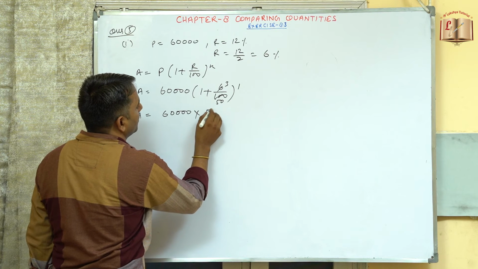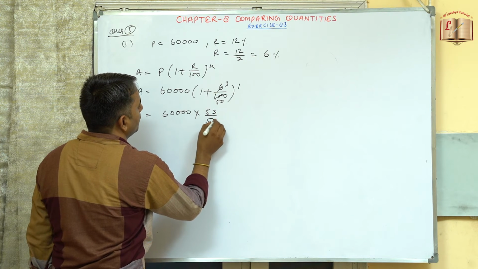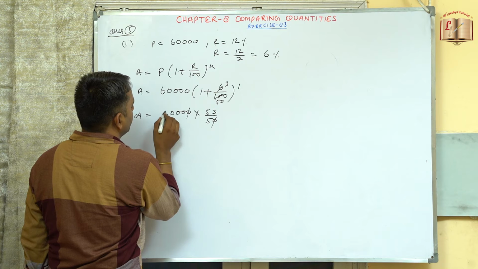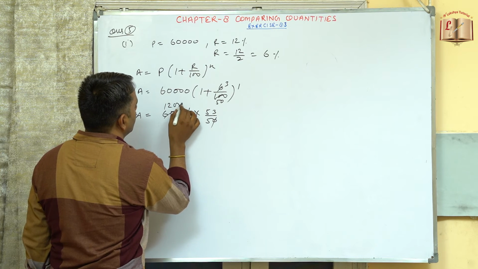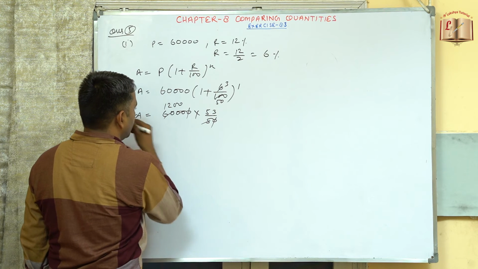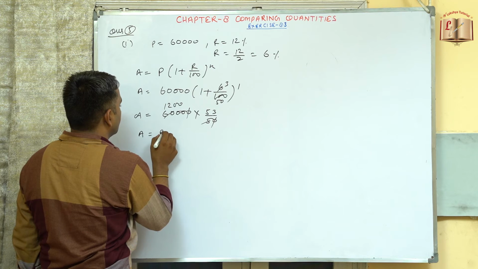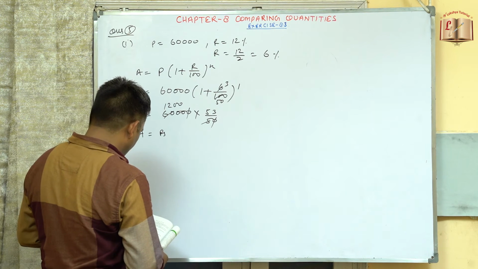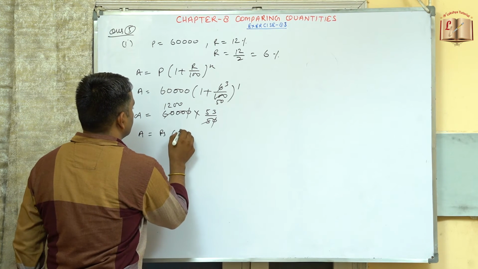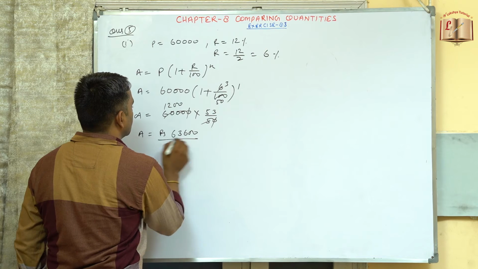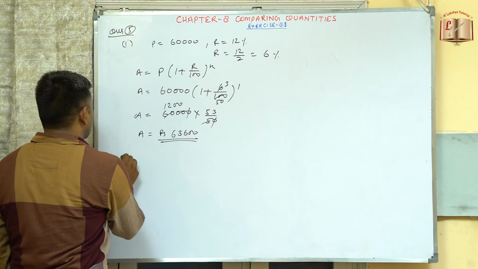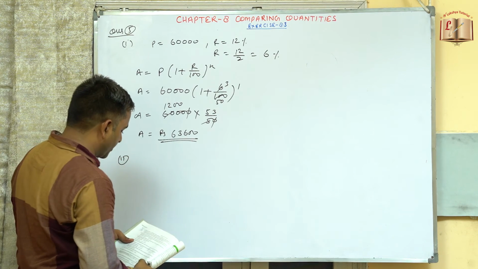So this will be 53 by 50, zeros cancelled. So 5 times 1200 and we can multiply. So A will be equal to, we need to find out A only, so this will be rupees 63,600.